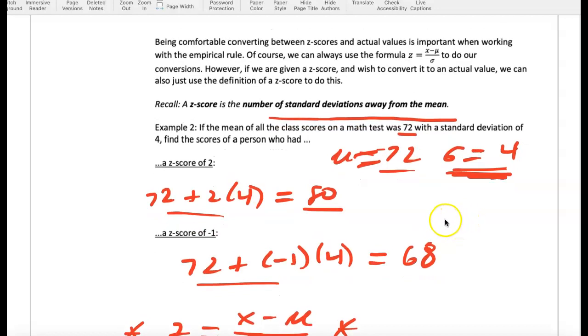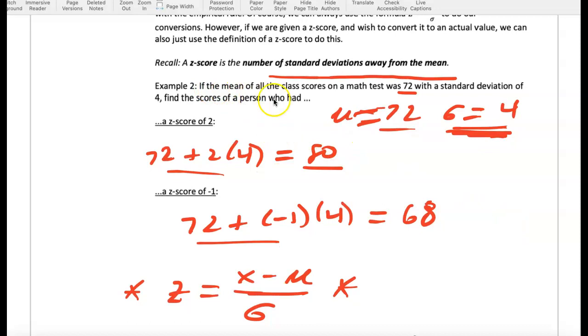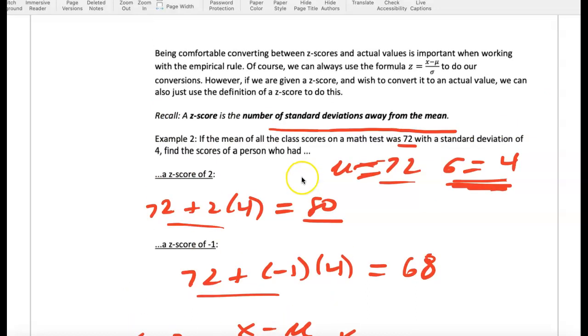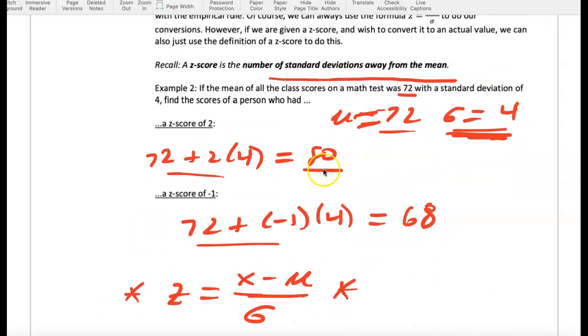Now we put this back to the idea of z-scores. If the mean of the class scores on the test was 72 with a standard deviation of 4, find the score of a person who had a z-score of 2. This requires a little hand calculation. If we know the mean and standard deviation and their z-score is 2, that means they're 2 standard deviations above the average.